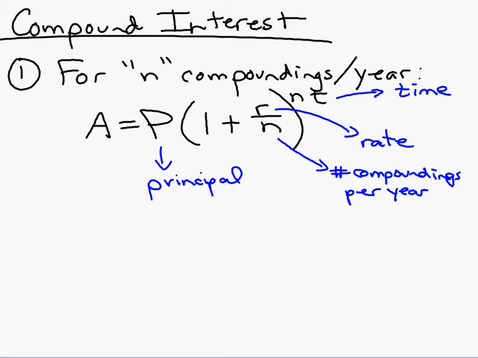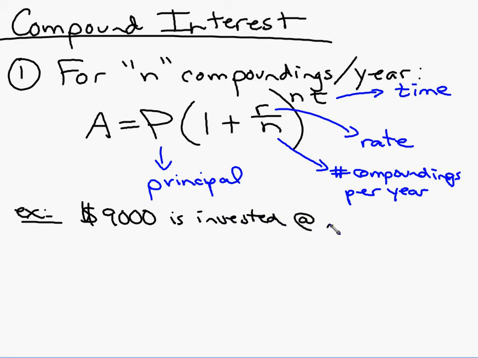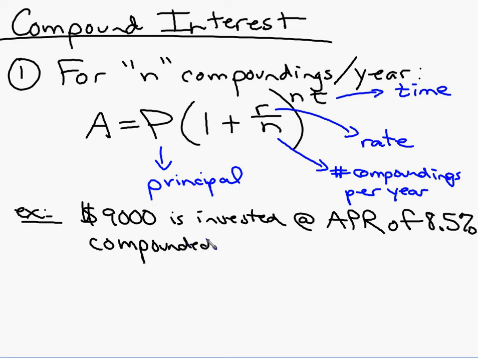Let's say, for example, that $9,000 is invested at an annual percentage rate. You've heard APR before. That's what that means. Annual percentage rate of 8.5%. And it is compounded annually.